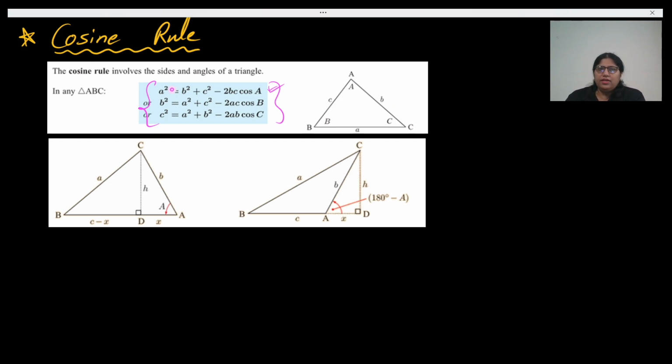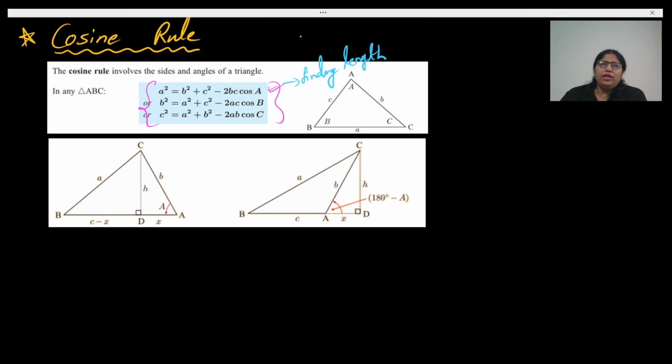So in this case, we take b square plus c square minus 2bc cos A, because angle A is the included angle, is equal to a square. So what are we finding here? We are finding the length of the unknown side of the non-right triangle.